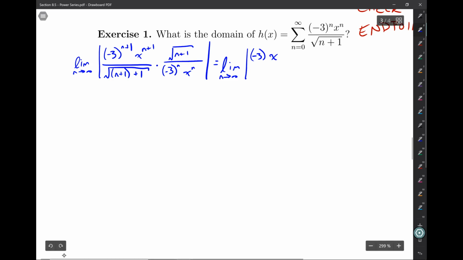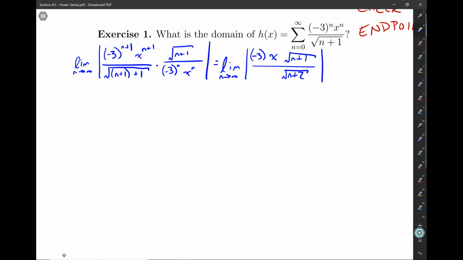That should just leave an x. But then we're left with this square root of n plus 1 on the top and square root of n plus 2 on the bottom. I'm going to just place the square roots above and below each other because they seem like they probably go together.